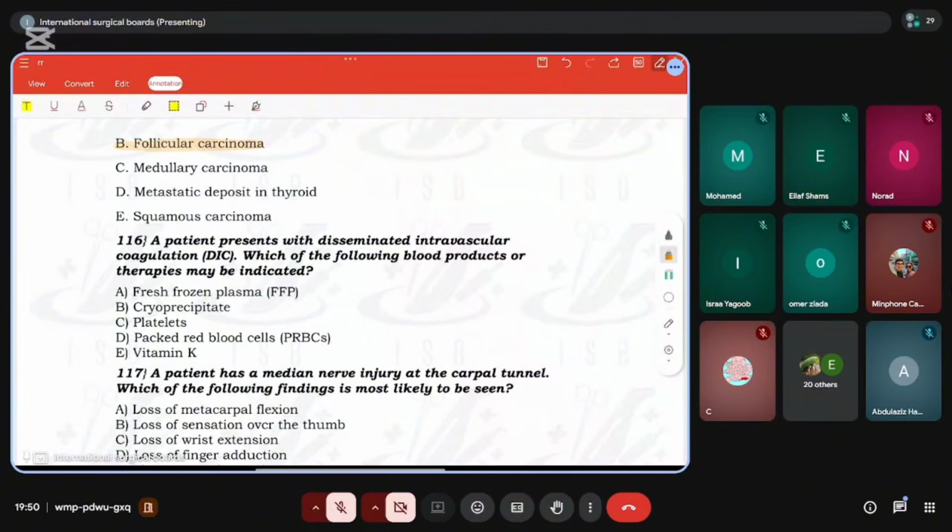Is that right? Usually in DIC, there is bleeding as well as thrombosis. Thrombosis, of course, we know, but bleeding happens because platelets and coagulation factors are already consumed. Nothing is left to maintain the integrity of the coagulation system anymore, right?